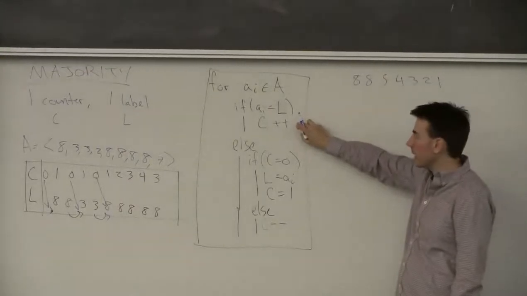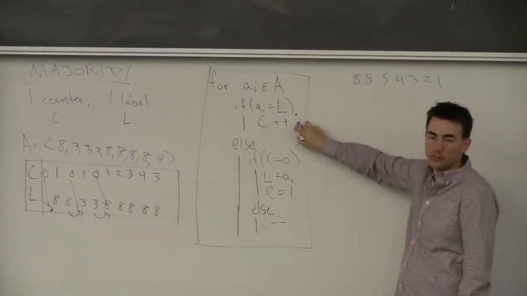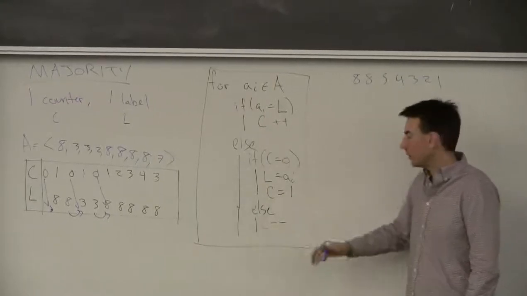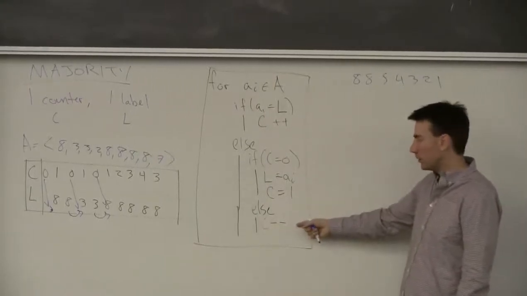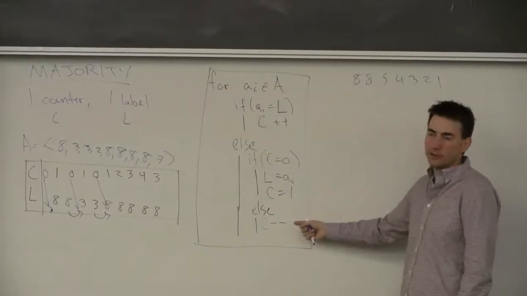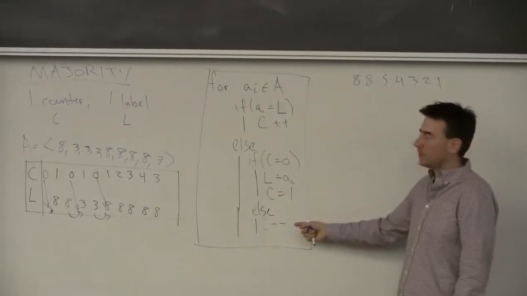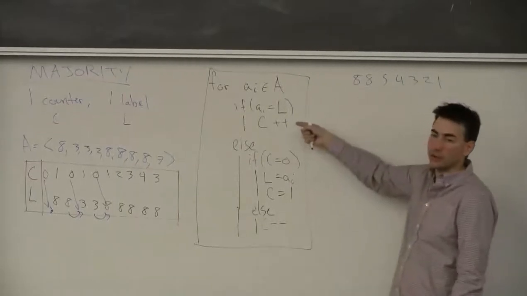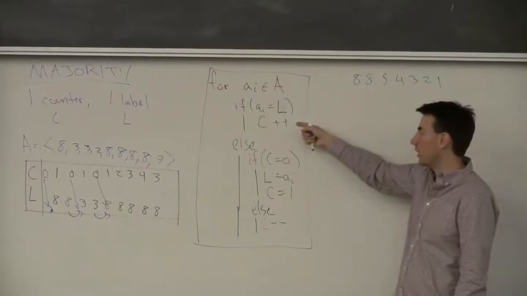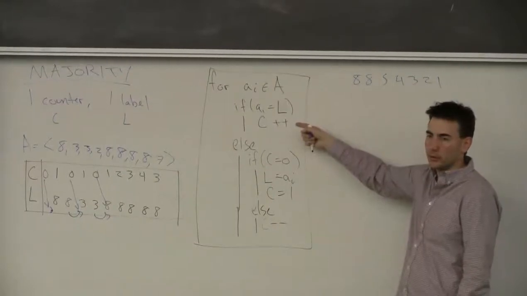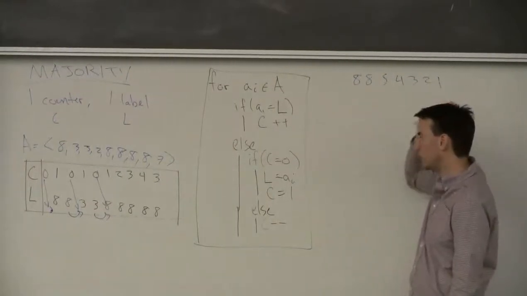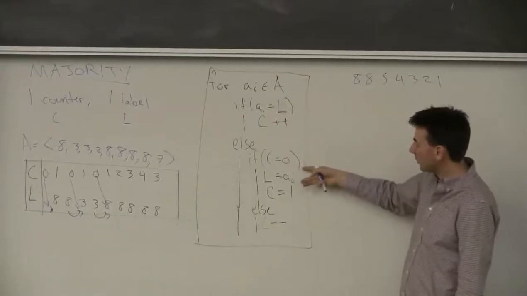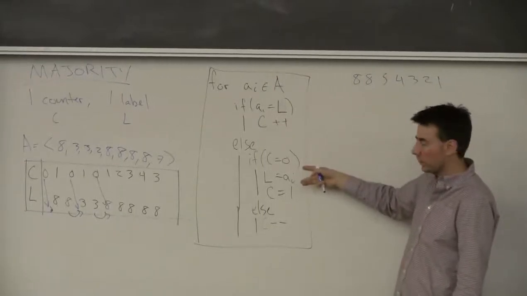If I incremented the counter more than m over 2 times, then there are not enough decrements that could happen here. This is the only time the counter ever gets decreased. And that means that I can never decrease it enough if I'm able to increment it m over 2 times.